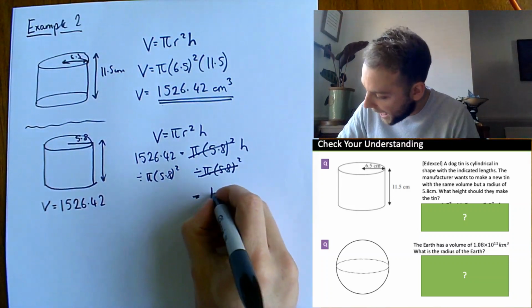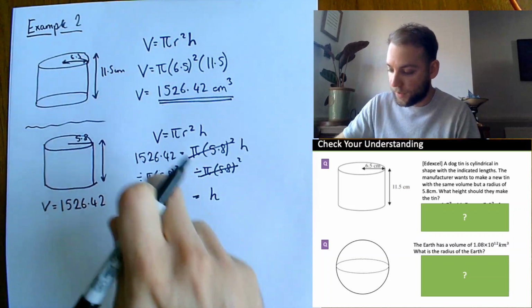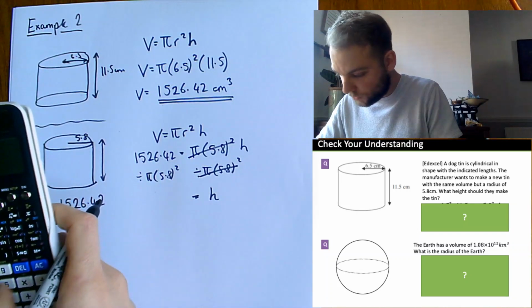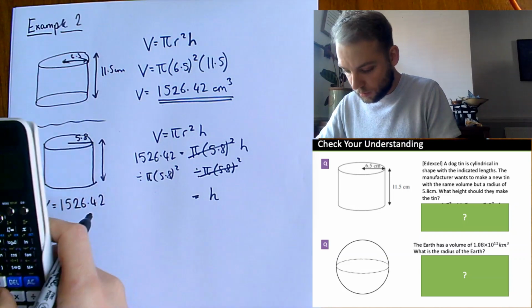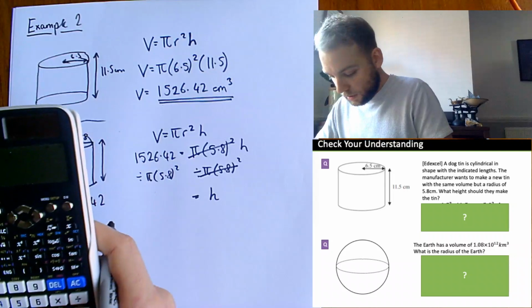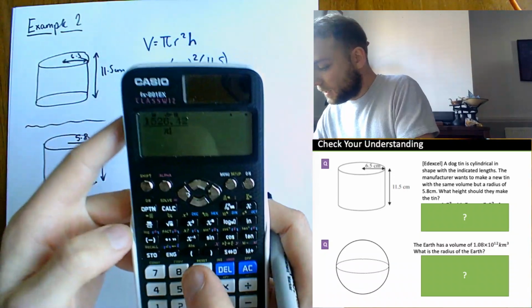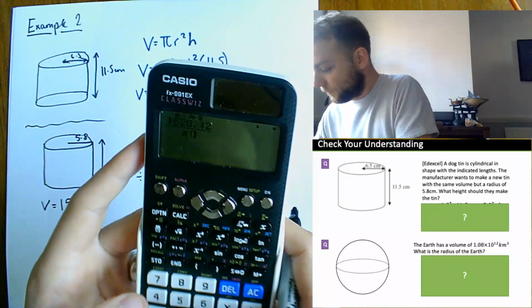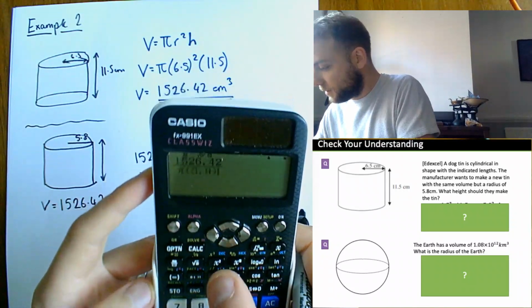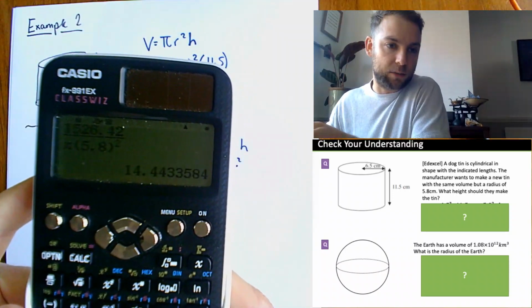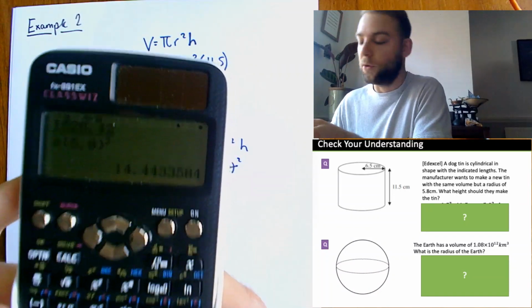So I end up with h is equal to all of this divided by that, which is 1526.42 divided by, using the fraction button, shift pi times by 5.8 squared, which is equal to 14.4.